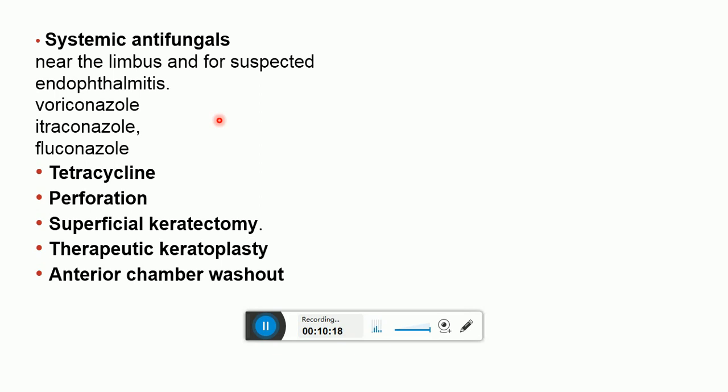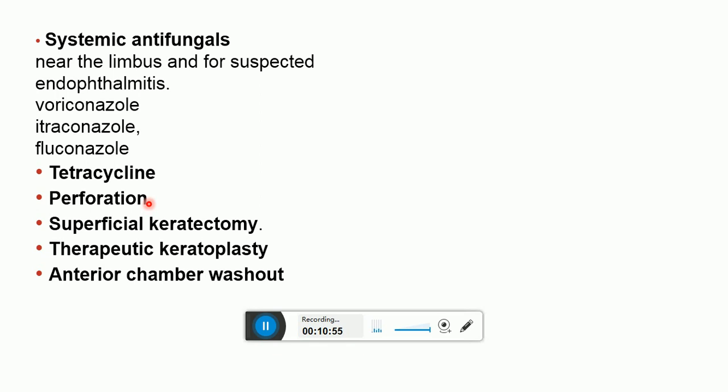Options include voriconazole 400 mg twice daily for 1 day, then 200 mg twice daily; itraconazole 200 mg once daily, reduced to 100 mg once daily; and fluconazole 200 mg twice daily. Tetracycline, for example doxycycline 100 mg twice daily, may be given for its anticollagenase effect when there is significant thinning.